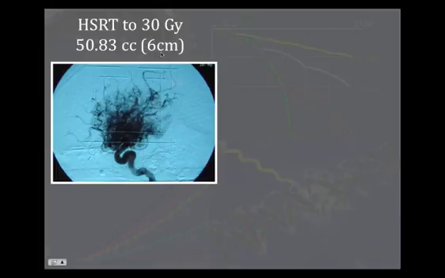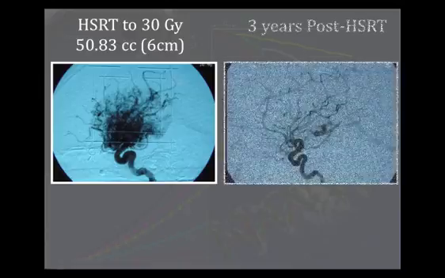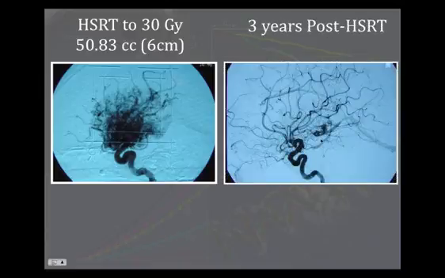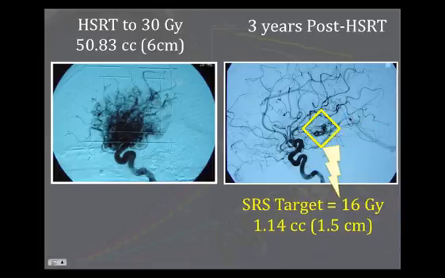So this is a large AVM, 6 centimeters in the major diameter, treated with 30 gray, so 6 gray in 5 fractions. And the 3 years follow-up shows still a small residual with a high flow fistula. And this massive giant AVM actually became now a radiosurgery target.